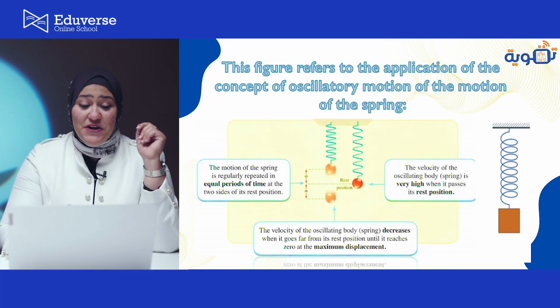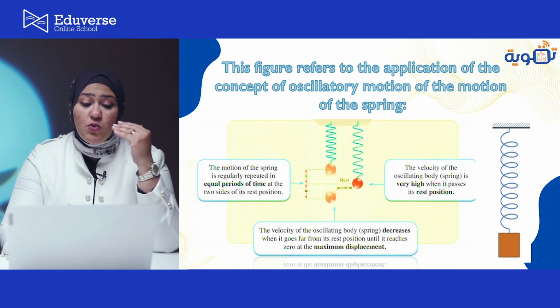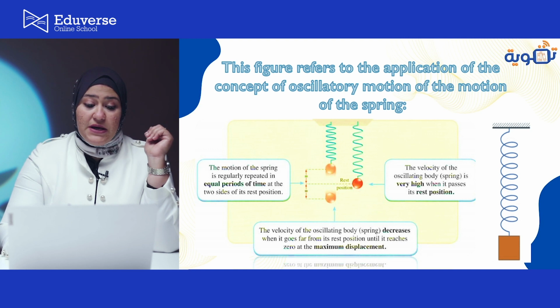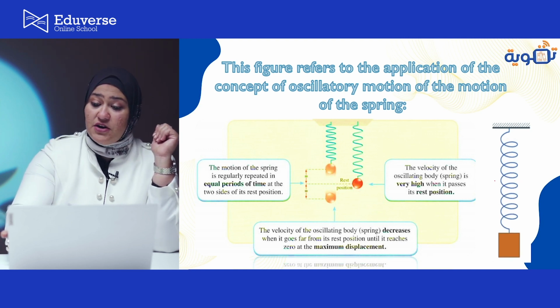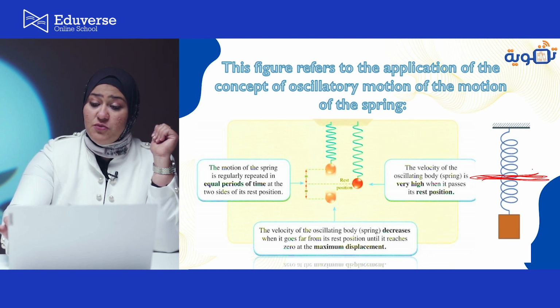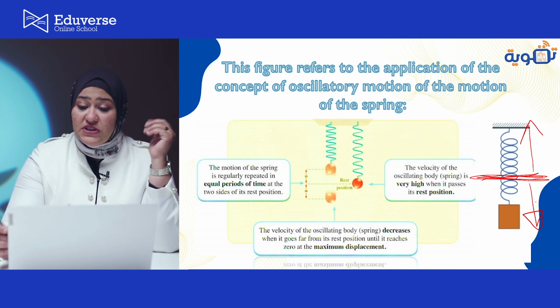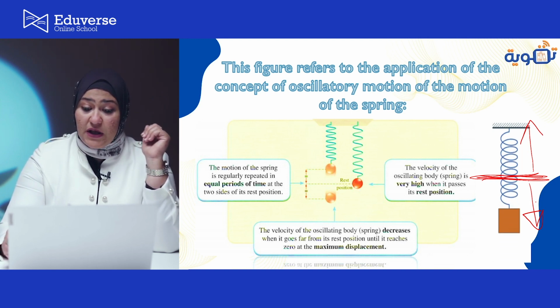Look at this spring. The motion of the spring is regularly repeated in equal periods of time at two sides of its rest position. This is the rest position, and it moves up and down. So what happened to the velocity of an oscillating body?